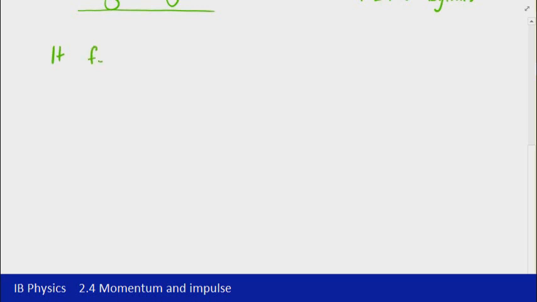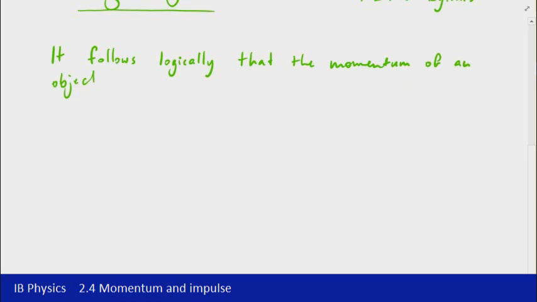So if we then consider those different changes, have a look at a few of those effects. It follows logically that the momentum of an object is going to change if we get a change in its mass.